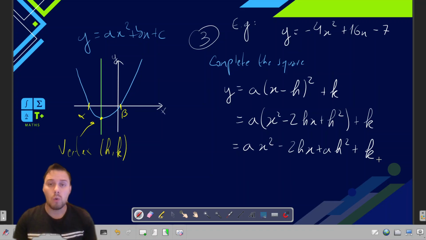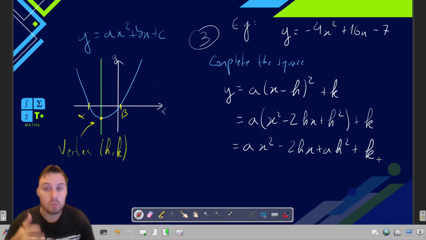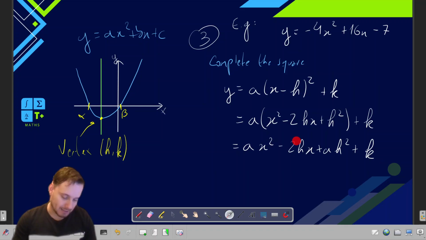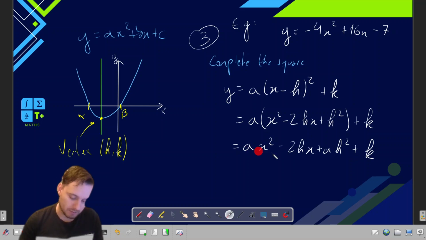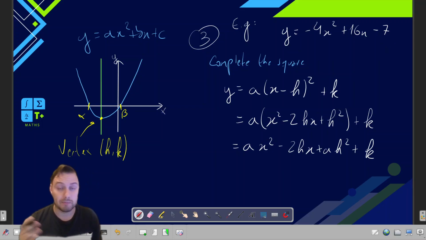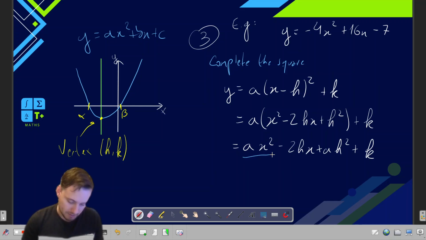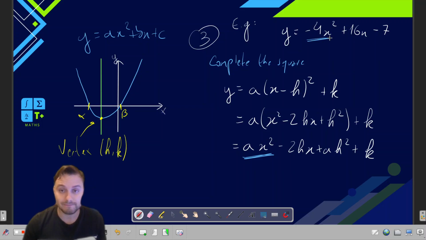So what do we want now? We want that what we found here, with the terms of a, h, and k, to be equal to this. So we do this term by term. The term that has x squared has to be equal to the term that has x squared.